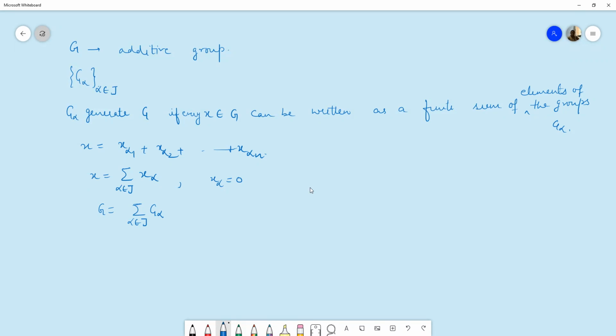That means for every X, there is only one J tuple X alpha with X alpha equal to 0 for all but finitely many alphas, such that X is the summation of X alpha. Then we say G is a direct sum, and in that case, G will be denoted by this symbol, summation G alpha, alpha belongs to J.